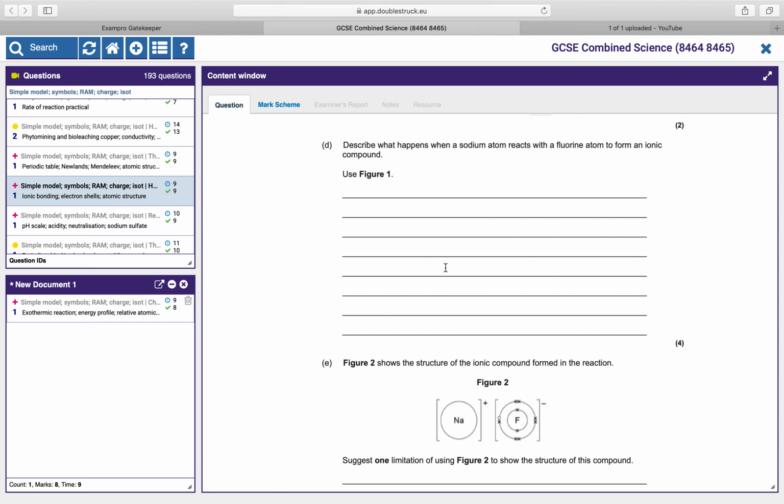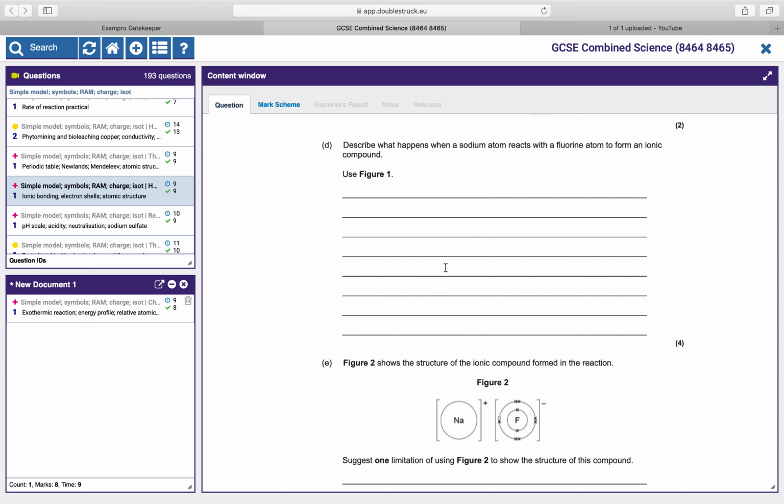And then you want to say the sodium atom loses that electron to form a positive ion. The fluorine atom gains that electron to form a fluoride negative ion.